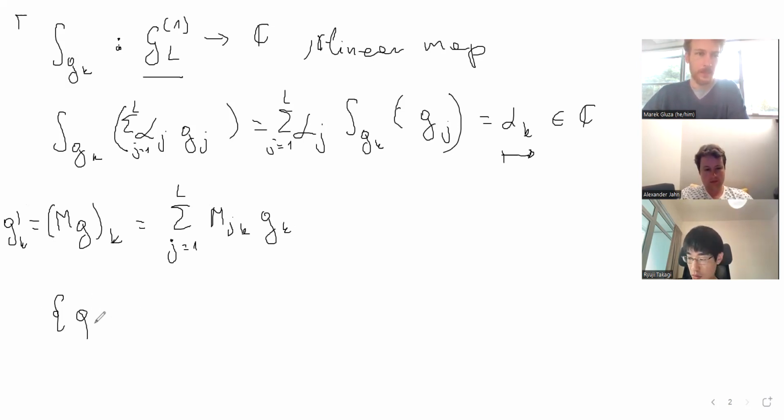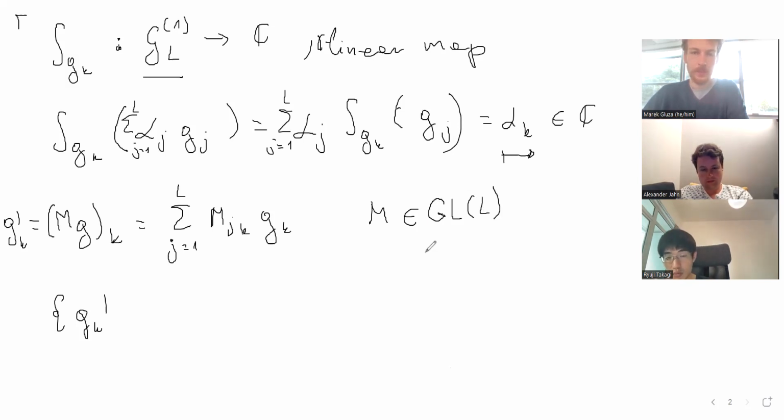Basically, anti-commutation is C-linear, M is some complex L by L matrix. Actually, we should say that here it's not just a complex matrix, but it's an invertible matrix of dimension L. And then we get g k prime g k prime prime, a simple computation.